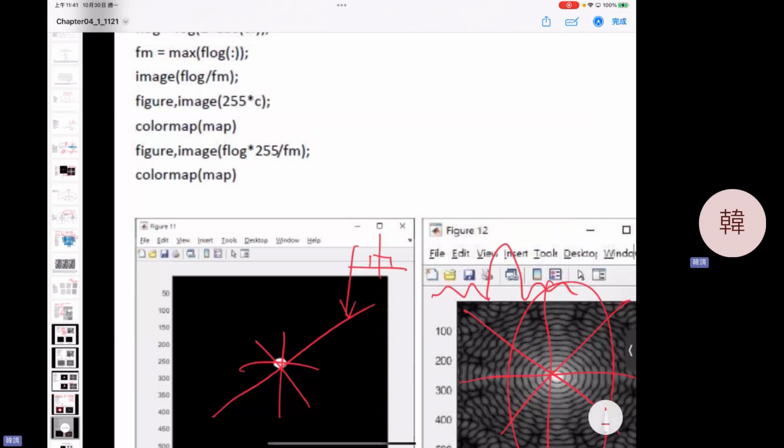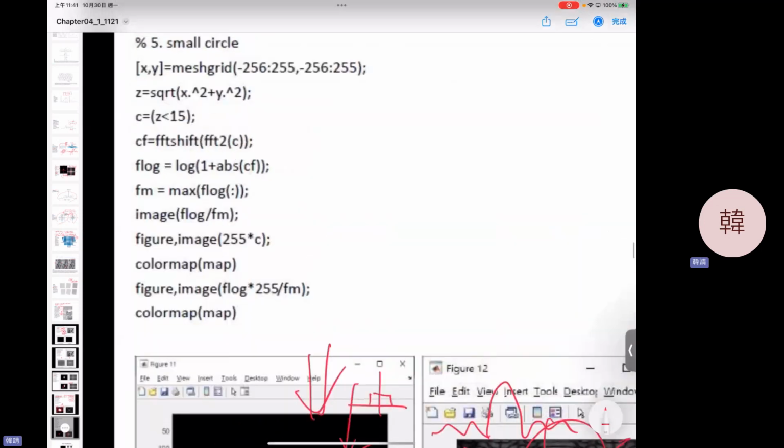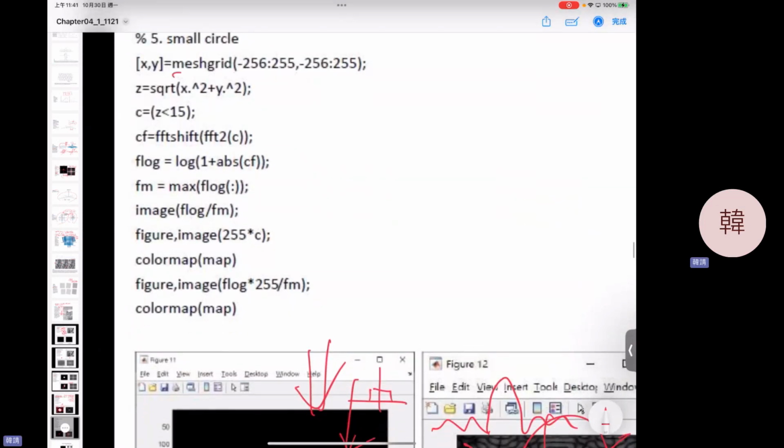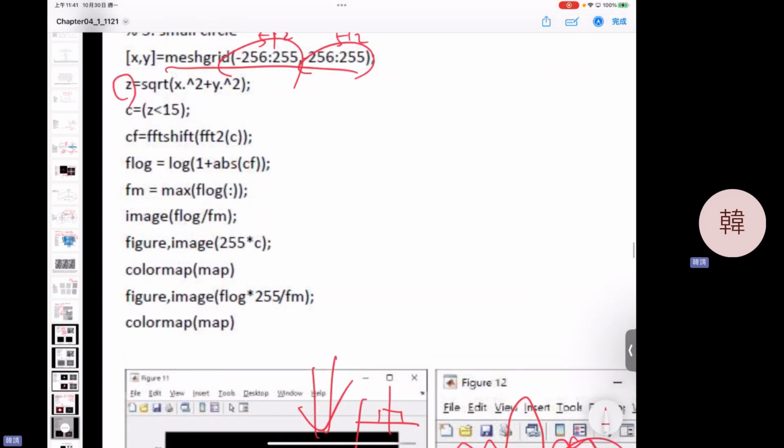How do you create this circle image? Again, because we want the circle, our indices can go from minus 256 to positive 255. So it's 512 pixels, including the 0 index. And we have a new radius parameter.